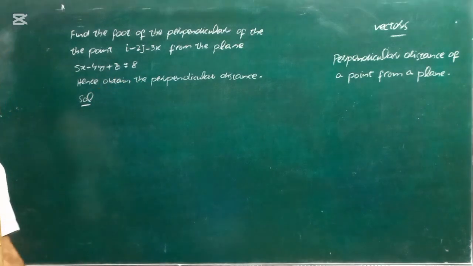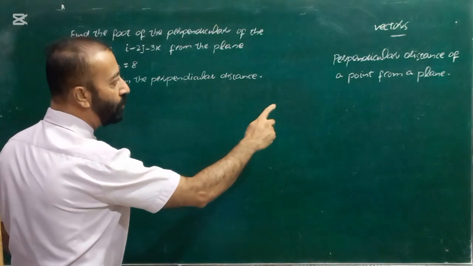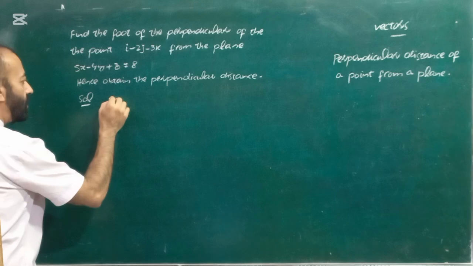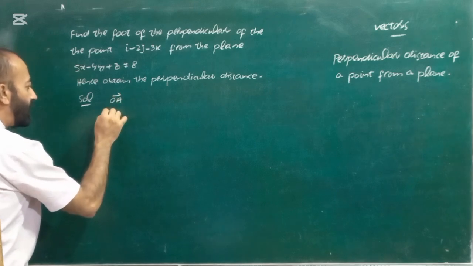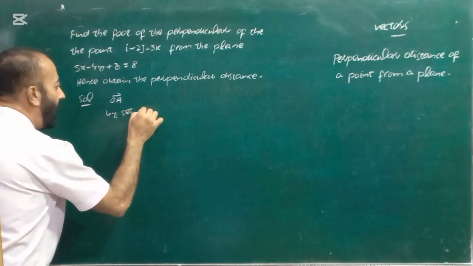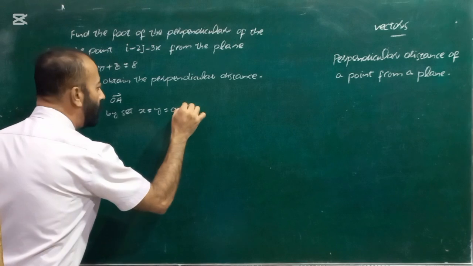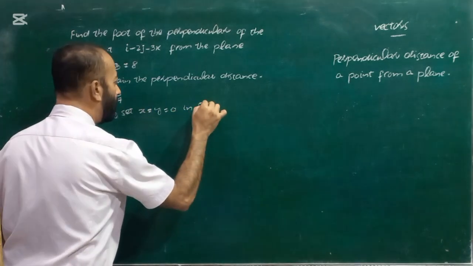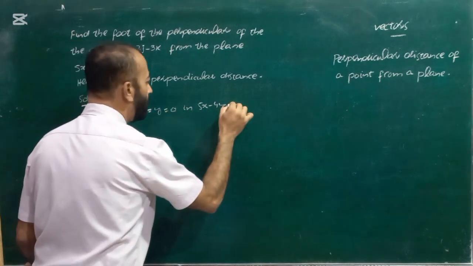So the first step in this kind of question where perpendicular distance of a point from a plane is required, first we will find OA by setting x is equal to y is equal to 0 in the plane, that is 5x minus 4y plus z is equal to 8.